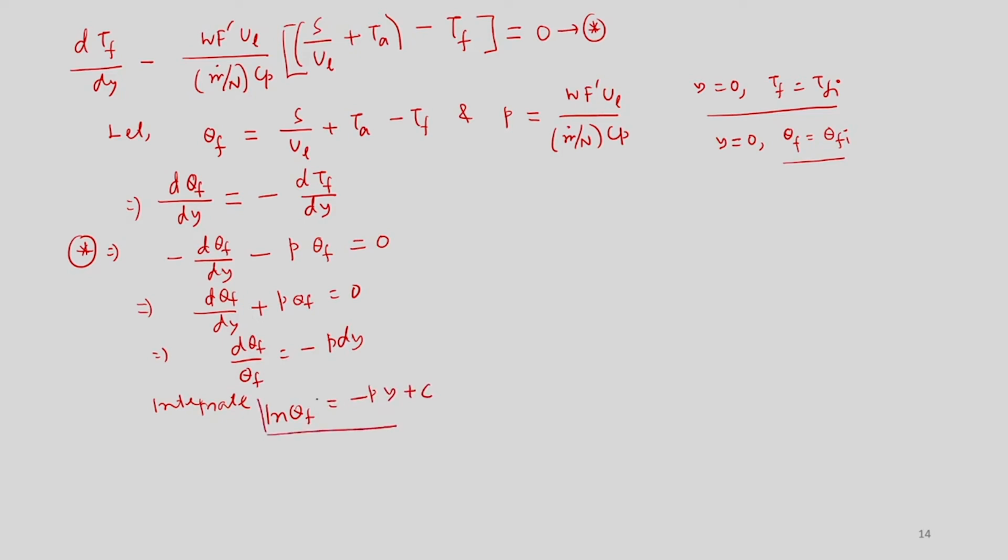So, this is a differential equation, and this is a solution of this. On integration, we have ln of theta f is equal to minus p into y plus c.